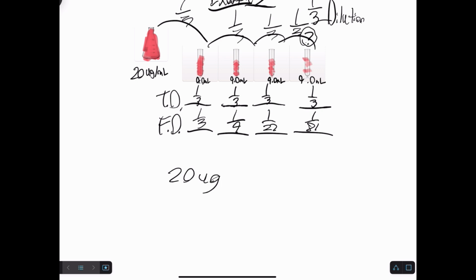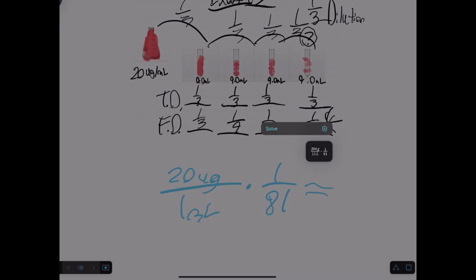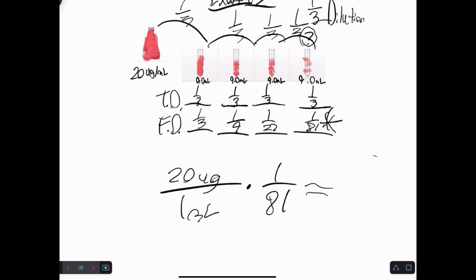Okay, so we need to find, with 20 micrograms per 1 milliliter, we would need to multiply this by our concentration here, so 1/81. So if we times 20, or divide, my bad, by 81, you should get, rounding to the hundredths place here, 0.25.